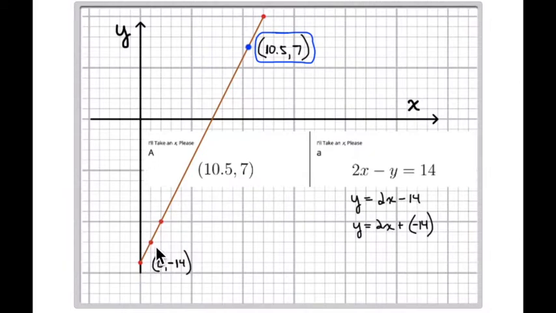Add a few more points with a slope of 2. So for every unit in the x direction, you go up 2 units in the y direction. That's what a slope of 2 means. It's y over x, or it's 2 over 1. So 1 unit in the x direction, 2 units in the y direction. You know this point, 10.5, 7.